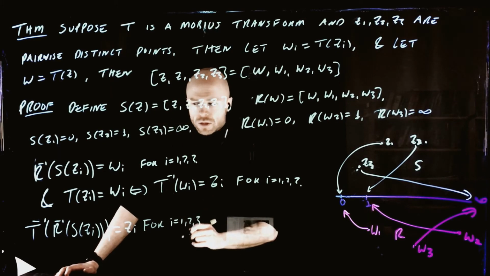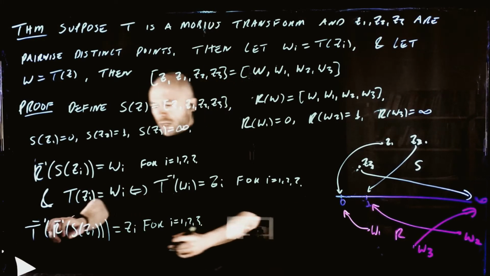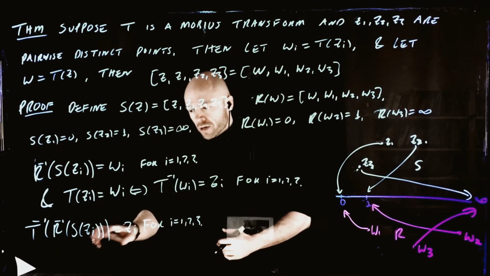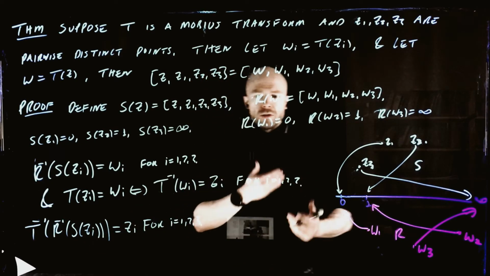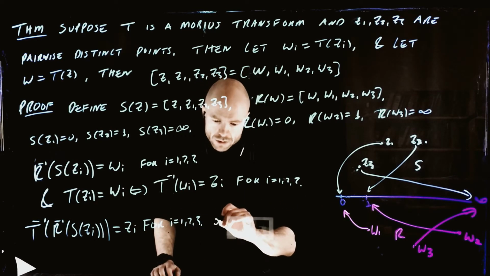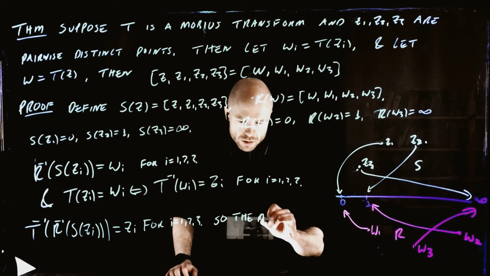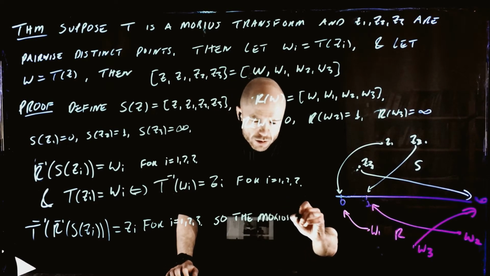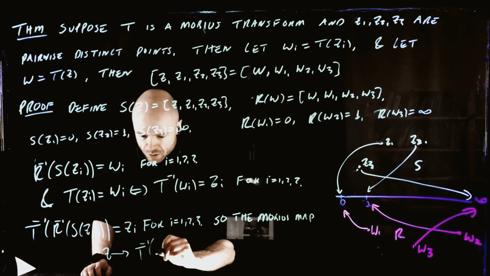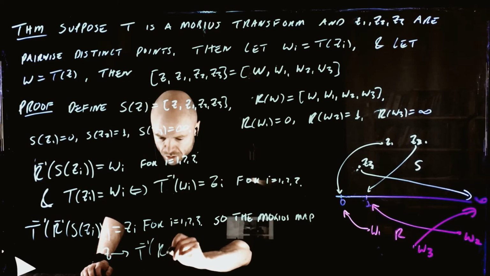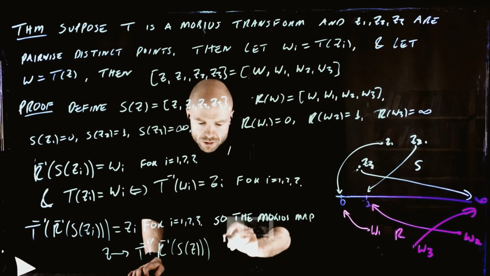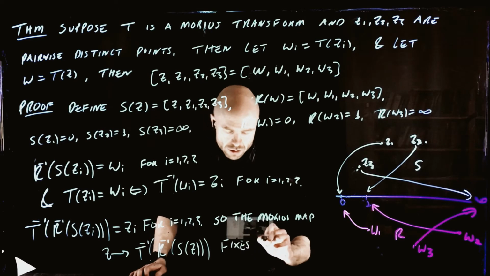And I claim that that means that this thing, which is the composition of 3 Mobius transforms, actually has to be the identity. Because what is it doing? It is fixing 3 points, and I'm about to show you that that's impossible for a Mobius transform unless it's just the identity. So the Mobius map z goes to T to the minus 1, R to the minus 1, S of z fixes 3 points.